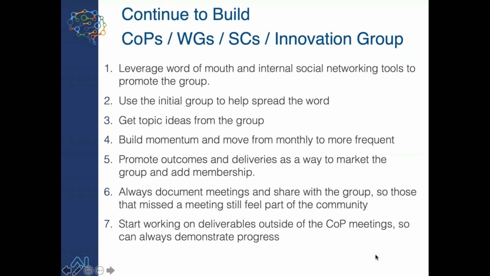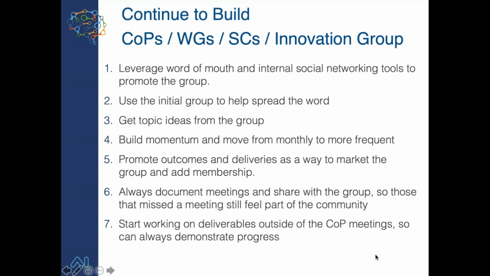Also promote the outcomes. If you are able to turn your community of practice into a slightly more sort of working group where you do have objectives and deliverables, these are really key to drive the growth and the momentum. Once you're able to deliver one or two of these things, you can promote that and share it externally, and with the management groups and management teams, to create that momentum and positive publicity about what the community of practice is doing.